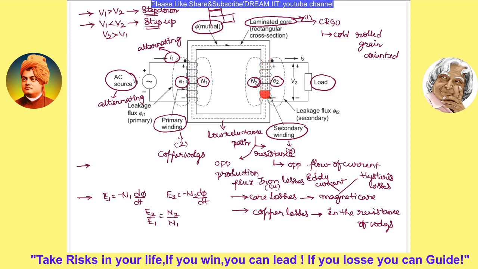Because of this mutual flux, an EMF E2 will be produced in the secondary winding. Because of this E2, the current, which is alternating, that is I2, starts flowing through the load, and because of that there is some voltage drop, V2. So that is the working principle of the transformer, right?